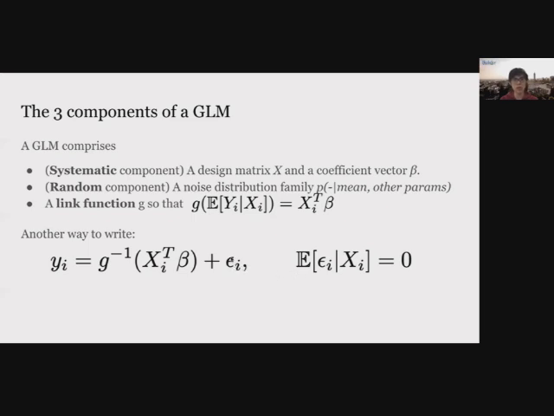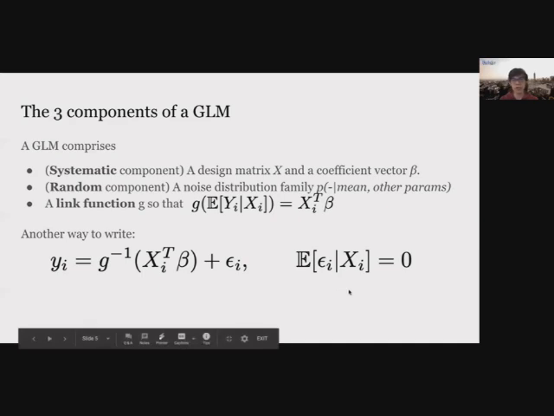But now epsilon i is no longer the same for every i. It's going to be some distribution that depends on what Xi transpose beta is, because that will be the mean of the Poisson, which is also the same as its variance. So this is a brief recap of how we define GLMs.